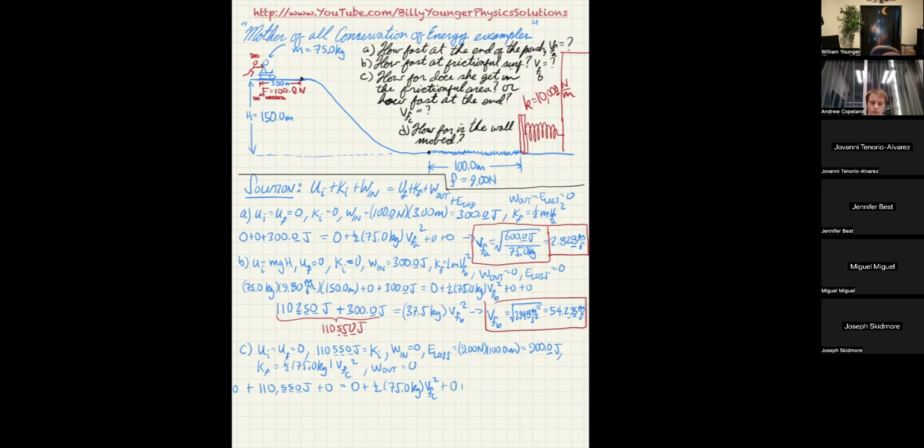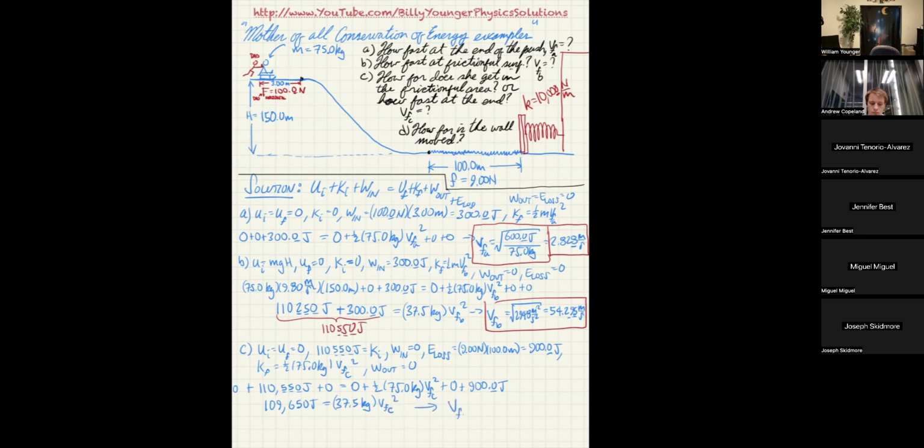And then the E loss is going to be 900.0 joules. So I can take 110,550 and subtract 900, which gives me 109,650 joules, equal to 37.5 kilograms times V final C squared.